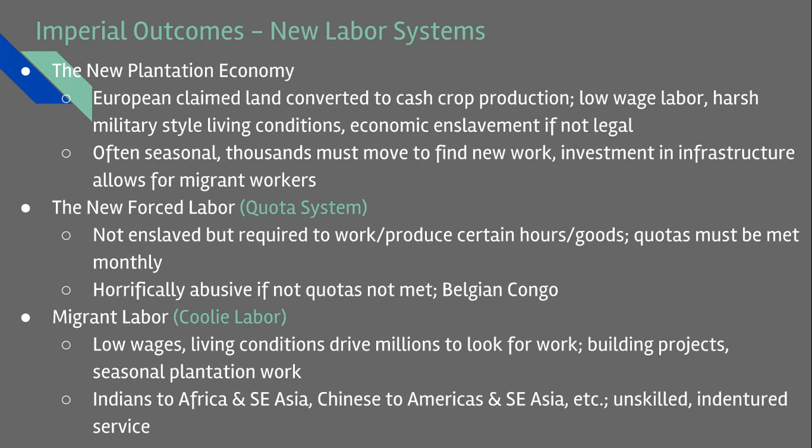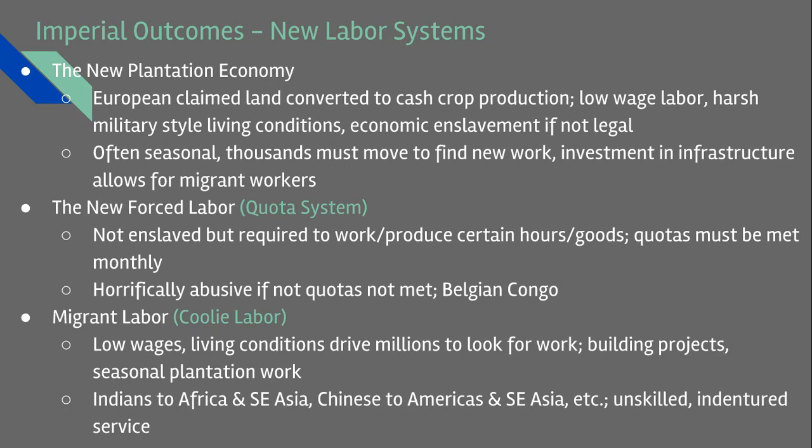One final system of labor that also develops is the system of migrant labor known as coolies. So, coolie was a derogatory term that was initially given to Chinese immigrants who moved south into Indonesia and the Spice Islands to work on plantations in those areas.